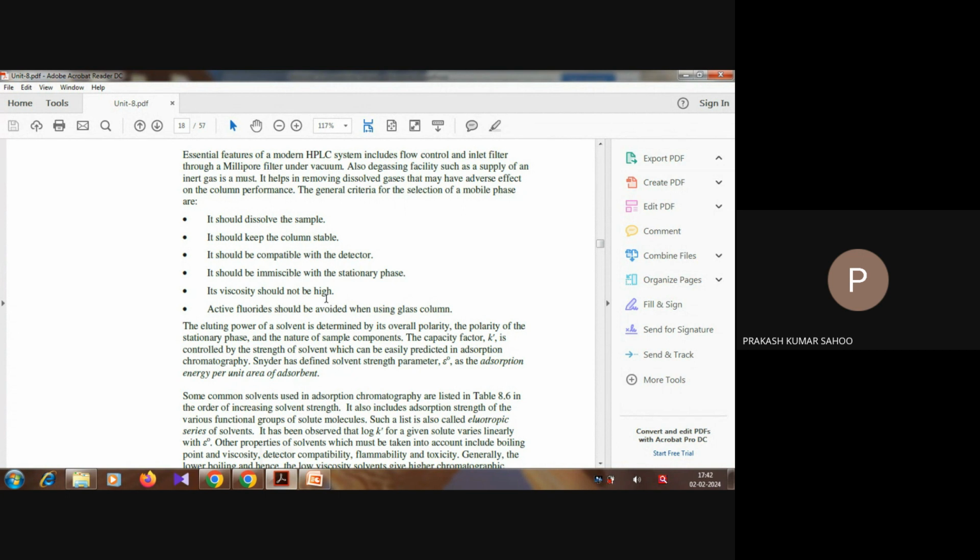Then one term is there, that is the eluting power of a solvent, which is determined by its overall polarity, the polarity of the stationary phase and the nature of the sample components. The capacity factor K dash is controlled by the strength of the solvent, which can be easily predicted in adsorption chromatography.